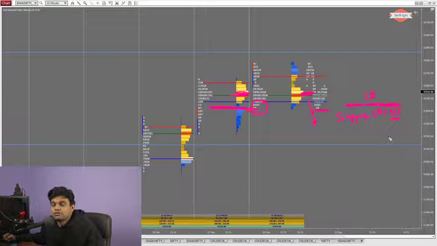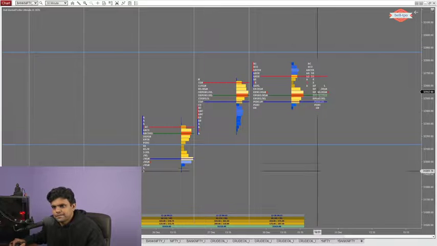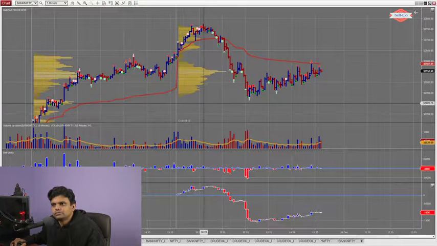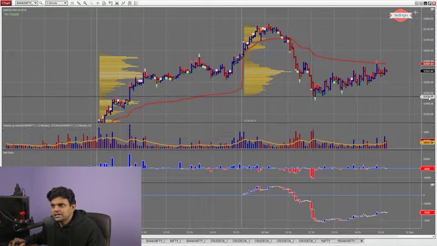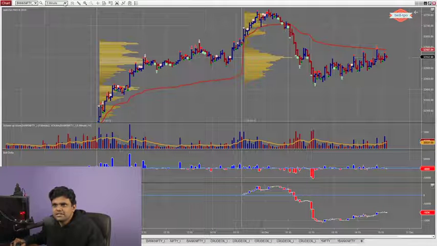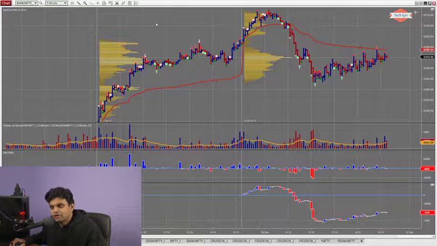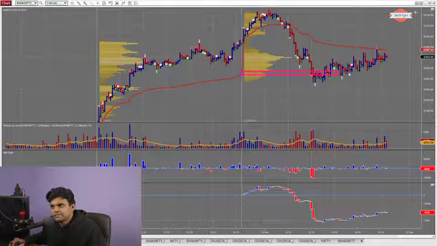So let us now go to the chart and see if there is any reference that could have warned us of a possible stalling of market here and a reversal. For that, we'll go to the VSA chart. And you can immediately see the reference I am talking about is yesterday's VWAP.